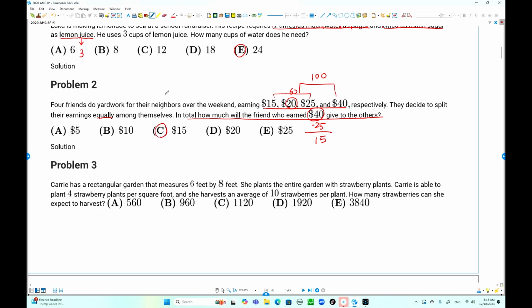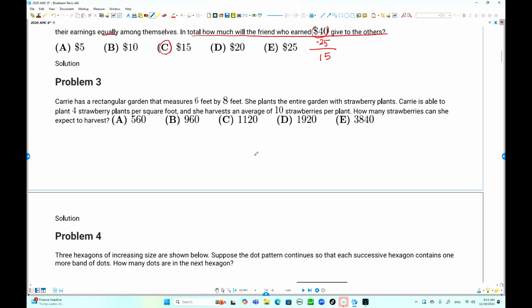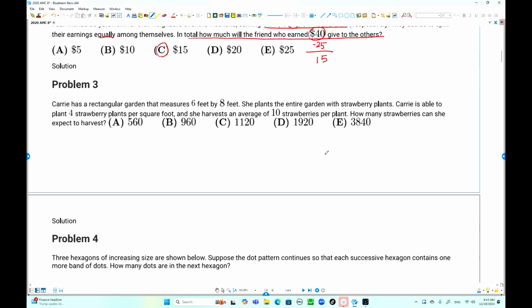Okay. The number 3, 6 by 8 feet. She planted the entire garden. Yeah, strawberry plant. Yeah, always 4 strawberry plants. Not strawberries, okay? Number of plants per square feet. Total is 48 square feet.